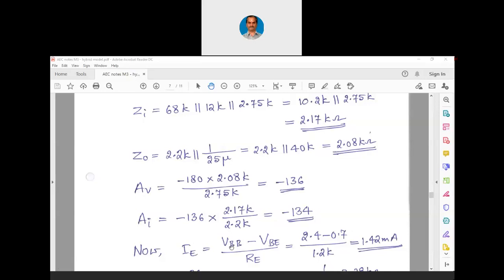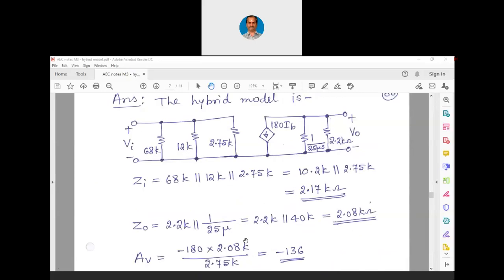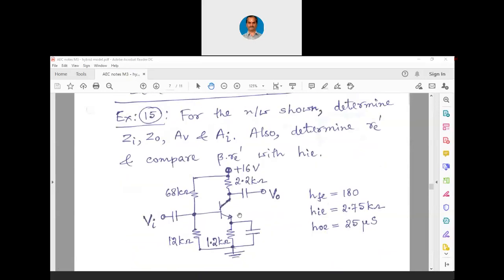IE equals VBB minus VBE divided by RE. We can directly find VBB by applying approximate analysis here. Even though beta is not given, beta into RE must be greater than or equal to 10 into R2, right?